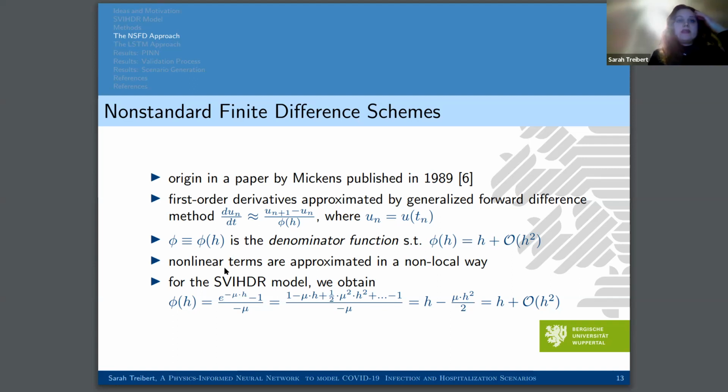Now, we are here given already the denominator function of our model. And I did not write down exactly how we derived this. We explained this in our previous paper on NSFDs as well.